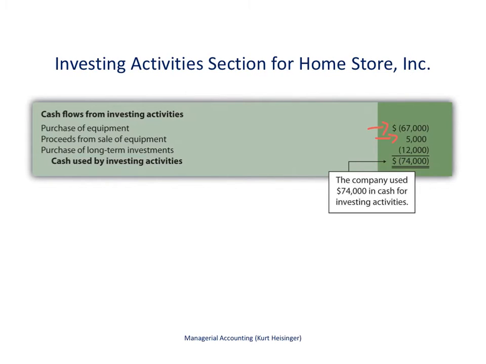We also purchased some long-term investments, which means cash went out as we purchased them, totaling $12,000. And again, these are all related to non-current assets. And the result then is that the company used $74,000 in cash for investing activities, meaning that cash went out, totaling $74,000 related to non-current assets.